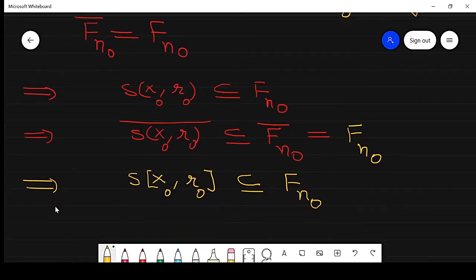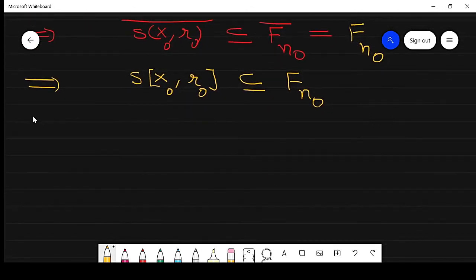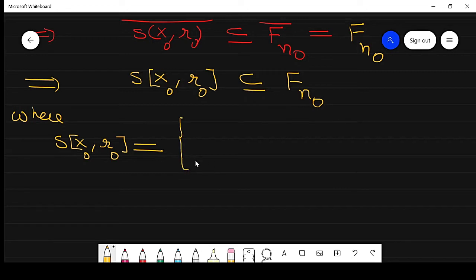Now what is S(x0, r0)? The closed S(x0, r0) is the set consisting of all elements t such that the norm of t minus x naught is less than or equal to r0.